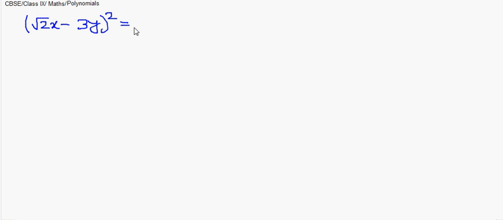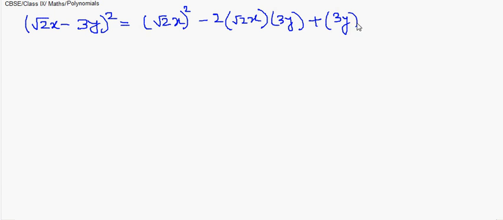So it is x square, the x here being root 2x, minus 2xy plus y square. 2x square, so 2 3s are 6, minus 6 root 2xy plus 3y, 3y, 9y square.